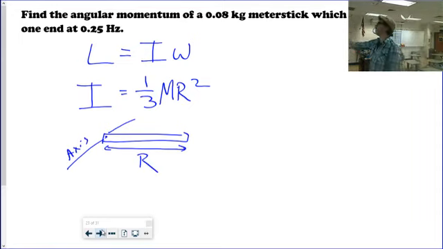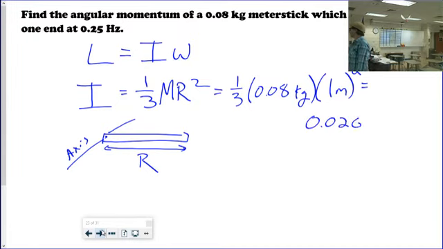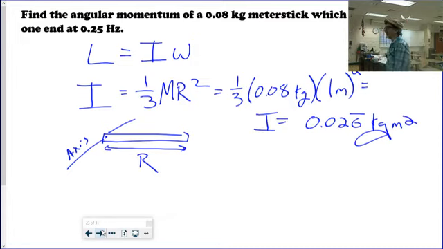So our rotational inertia is 1/3 times 0.08 kilograms times our radius, which is 1 meter. Don't forget to square it. This gives you 0.026 repeating kilogram meters squared. So there is the rotational inertia of our meter stick.